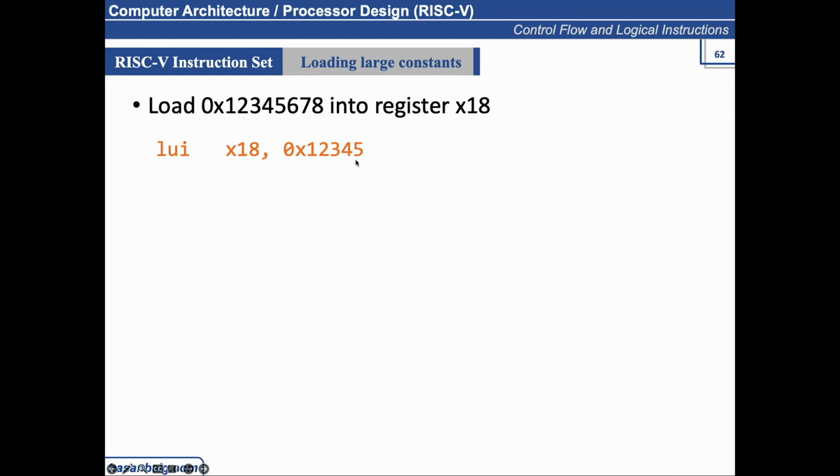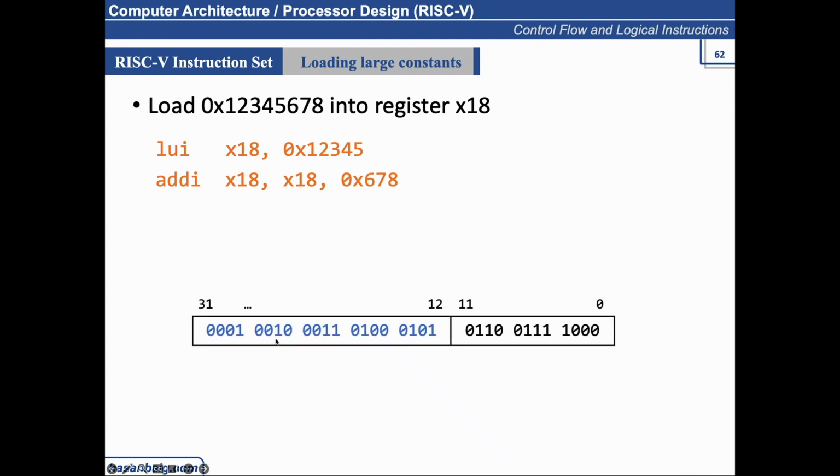Agreed? So these 20 bits can be loaded into x18. Next, we execute the addi instruction by loading the remaining last three hexadecimal digits, which correspond to 12 bits. It will load the entire value: 1 2 3 4 5 corresponds to the upper 20 bits, and 6 7 8.